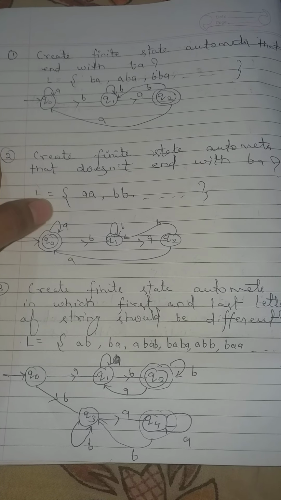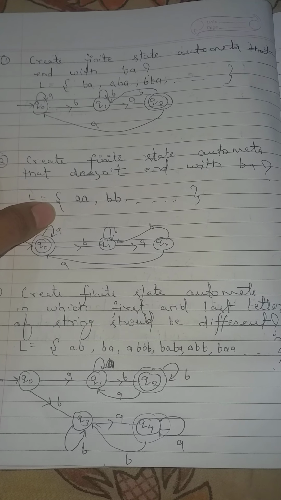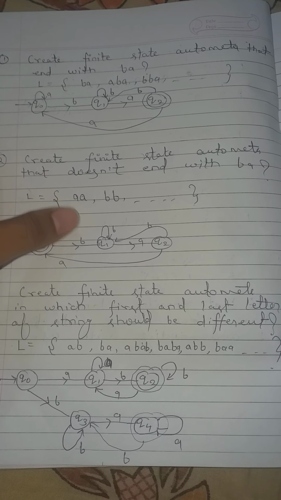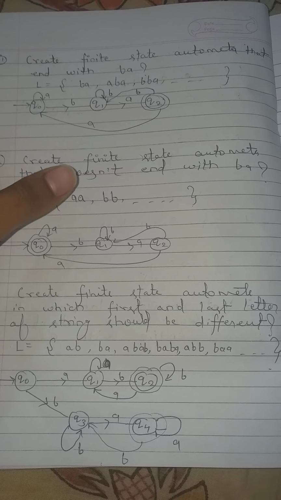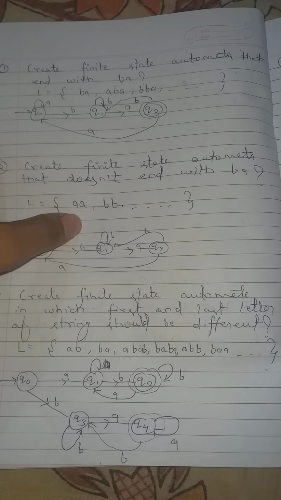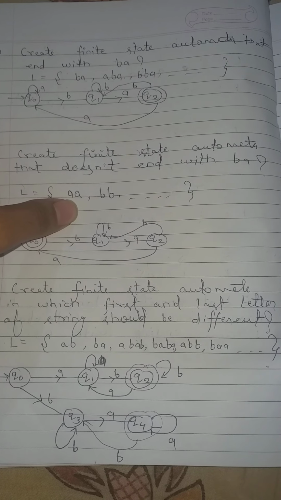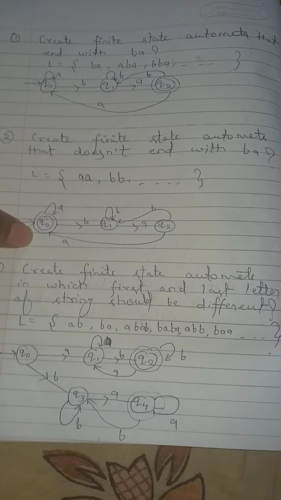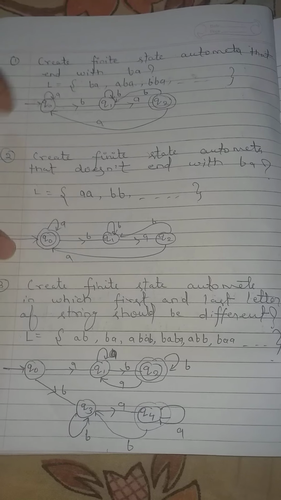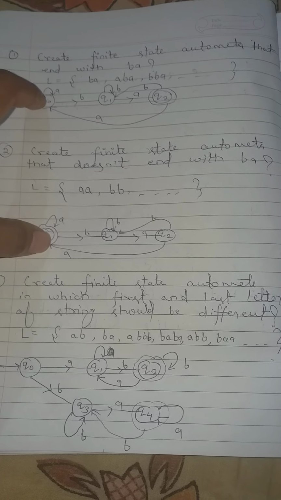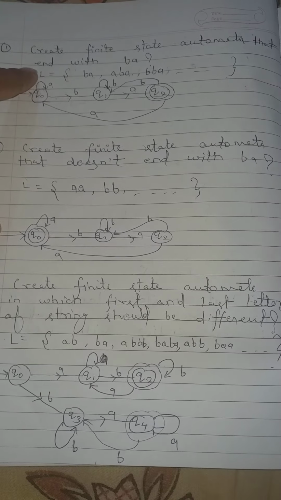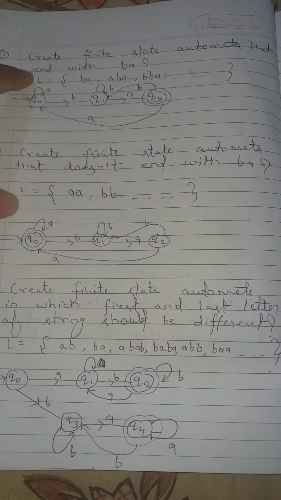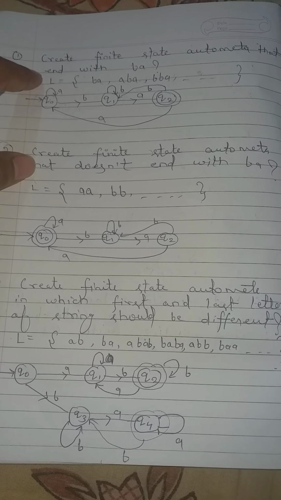First you have to trace the language: what will be the language, what strings it will have. Like in this one, does not end with BA, so it may contain double A, it may contain double B, and so on. We can take it vice versa. Here in this question we have ends with BA, and here we have does not end with BA.